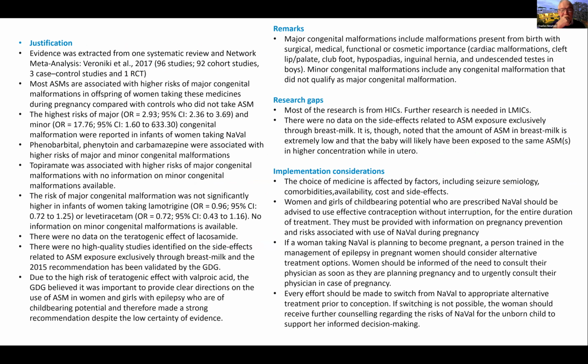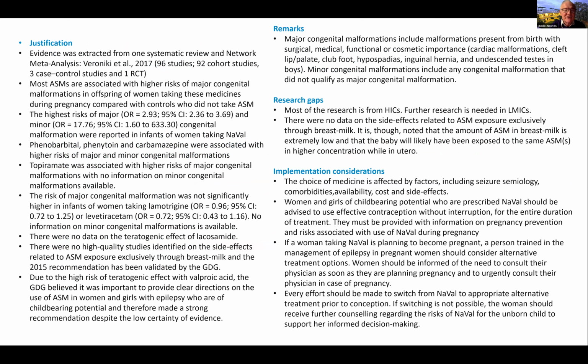So this evidence has been looked at by many different groups across the world because of the concerns of sodium valproate being associated with major congenital malformations and also minor congenital malformations.